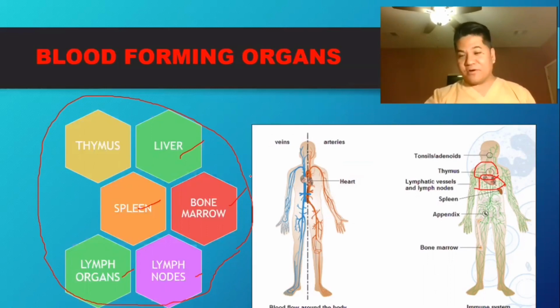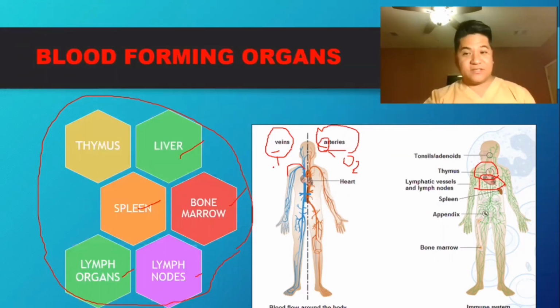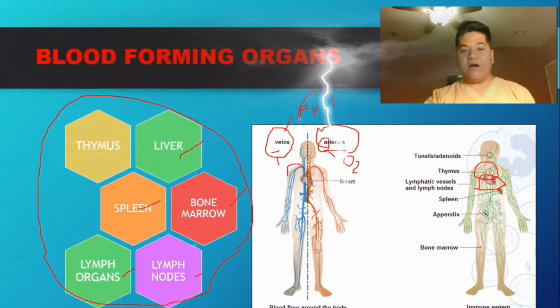Because they are the blood forming organs. Okay, now blood is carried through veins and arteries. Arteries, as in A, away from the heart, carry oxygenated blood, while the veins carry deoxygenated blood because it flows toward the heart, so it carries deoxygenated blood with impurities from metabolism to be oxygenated, except for the pulmonary veins, because they carry oxygenated blood.